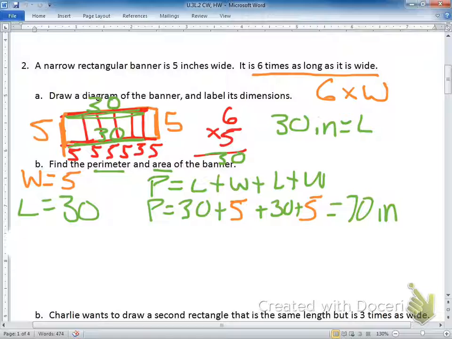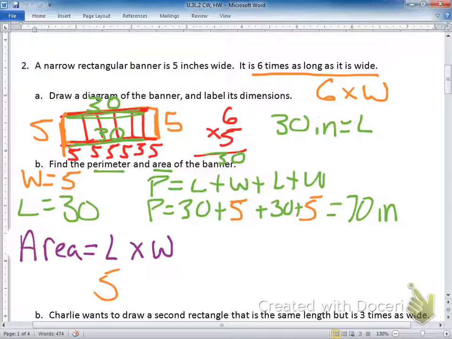Okay, now for area, I'll change the color here. Area, we cannot forget, area equals length times width. So if our width is 5 and our length is 30, we're going to multiply these two numbers together. 5 times 30 equals 150 inches.